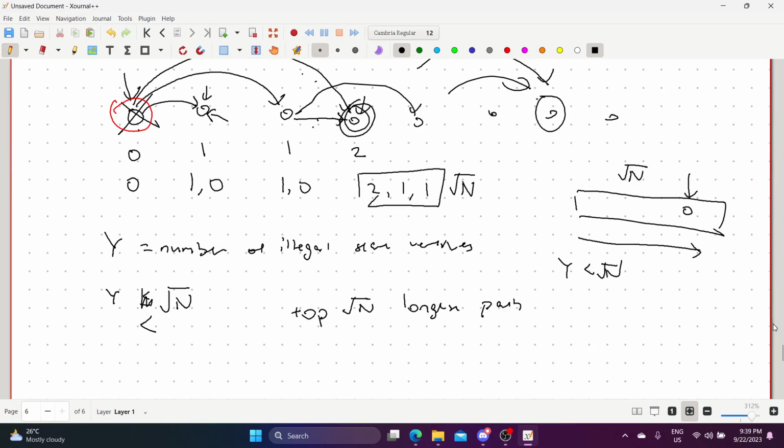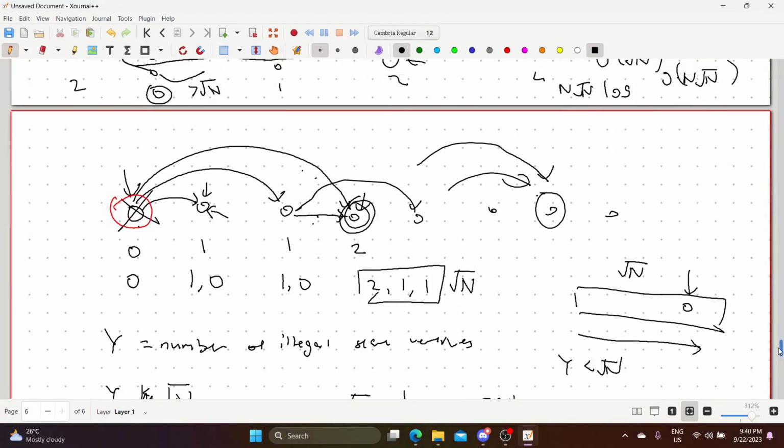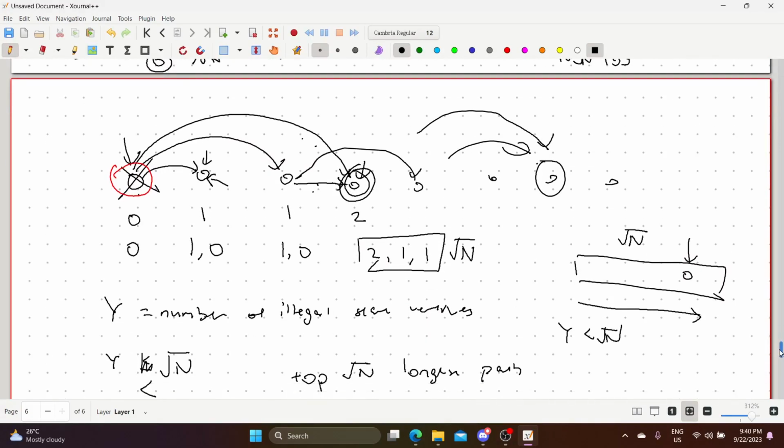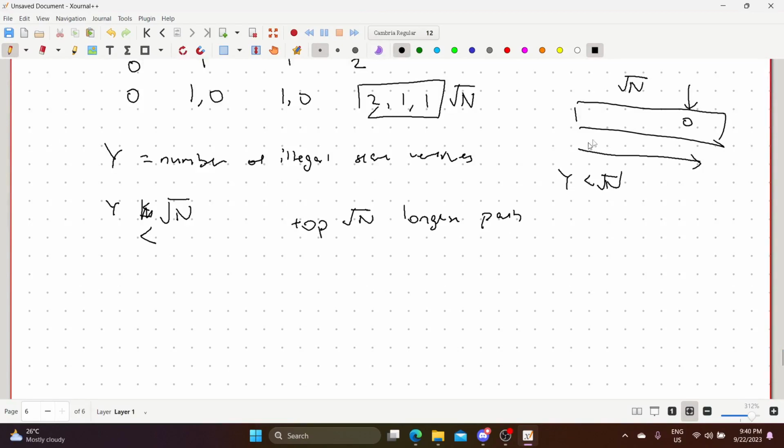So if you pre-compute this information, during each query we can just loop through the entire set, which is only square root n. So the pre-computation requires square root n, and each query also requires square root n.